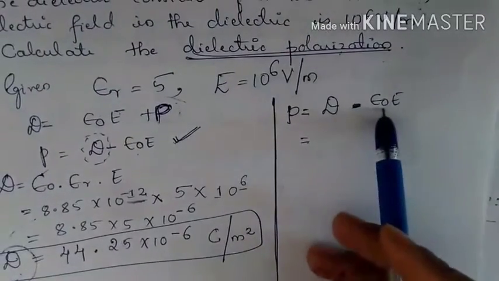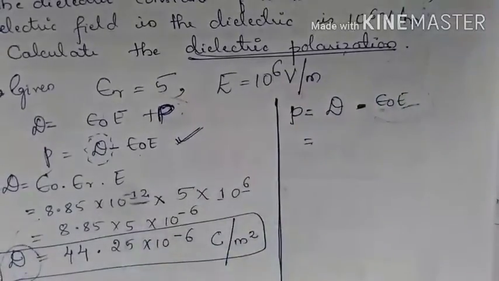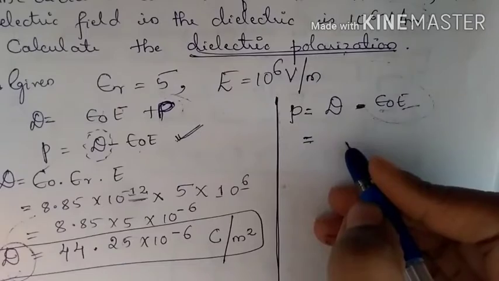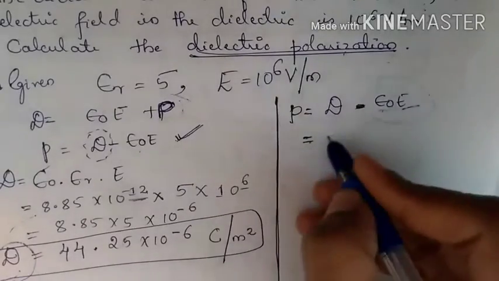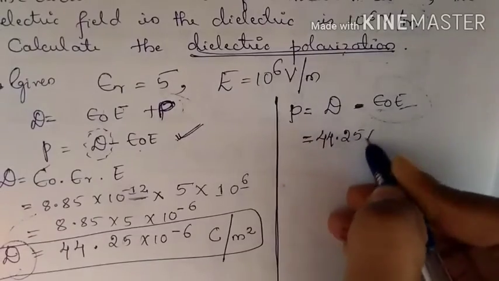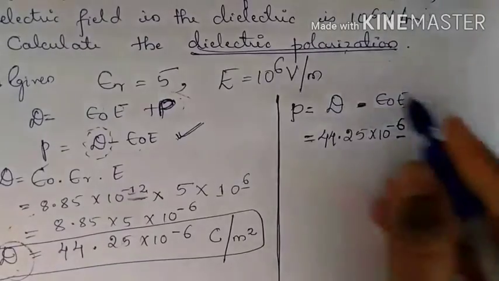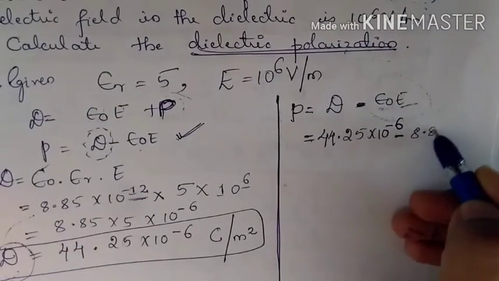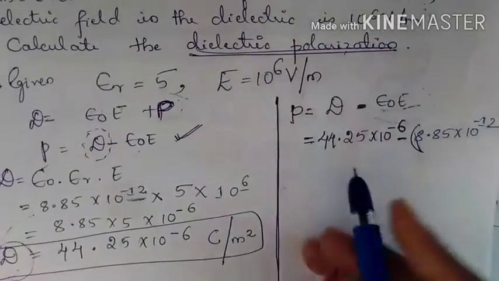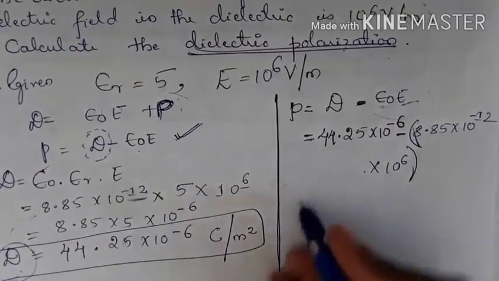Because the value for epsilon naught is constant and the electric field value we know. If you calculate these two, we get somewhere around 8.85 into 10 power minus 6. So D is 44.25 into 10 power minus 6, minus epsilon naught, which is 8.85 into 10 power minus 12, multiplied by 10 power 6. So what will we get?